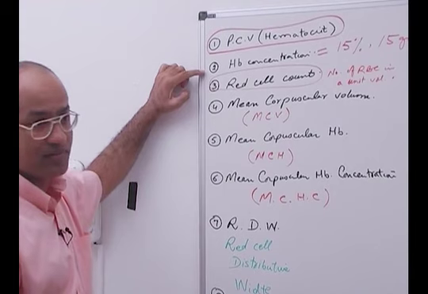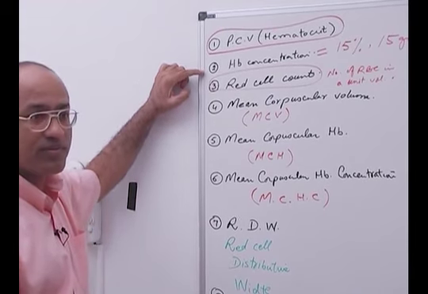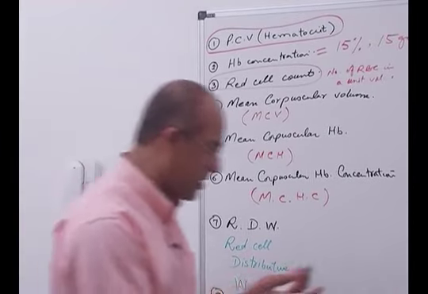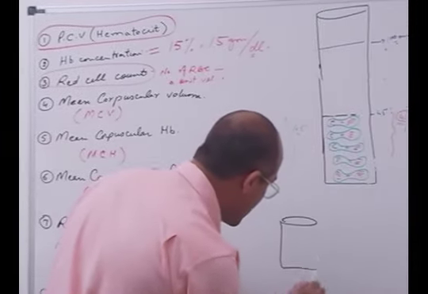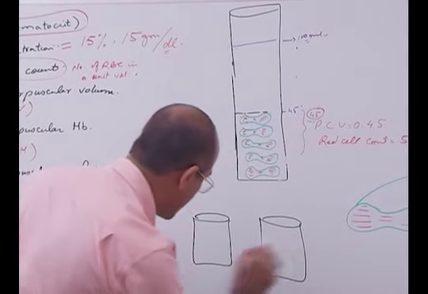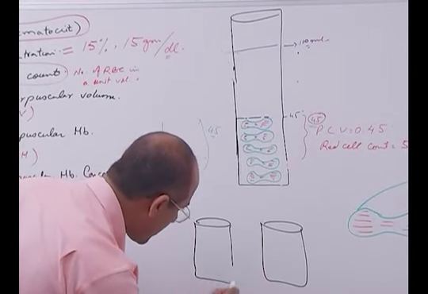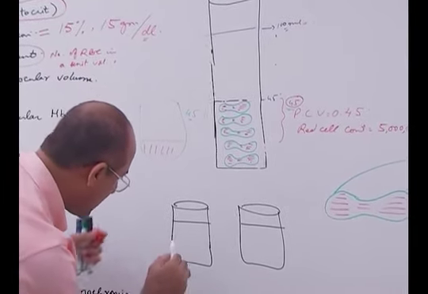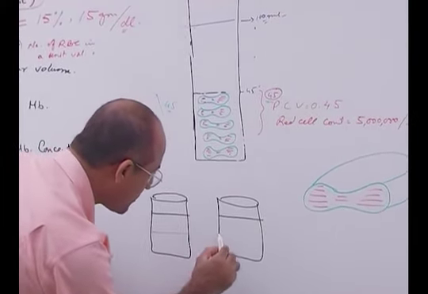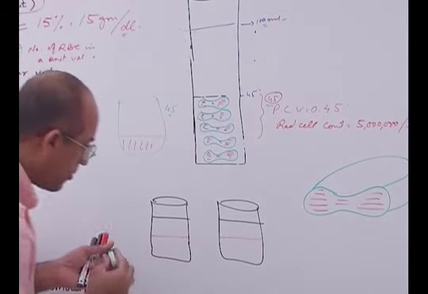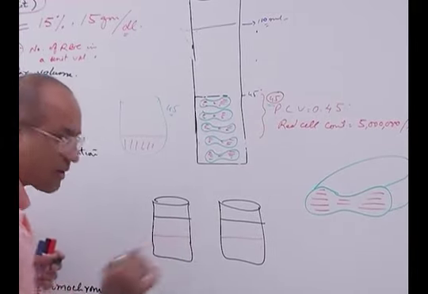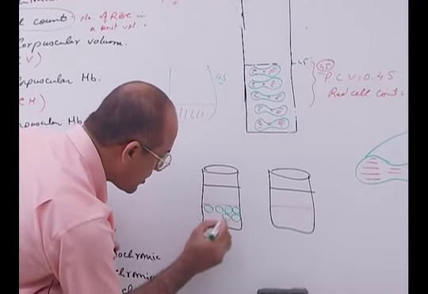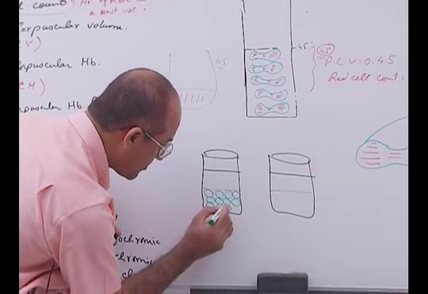Sometimes there are two patients who have the same red cell count. It is quite possible. There is one patient, this is another patient, and both of them have the same packed cell volume, and both of them have the same size of RBCs and count of RBCs.